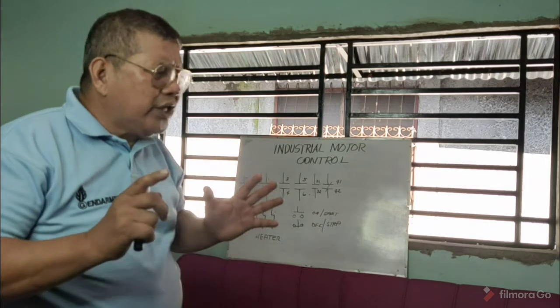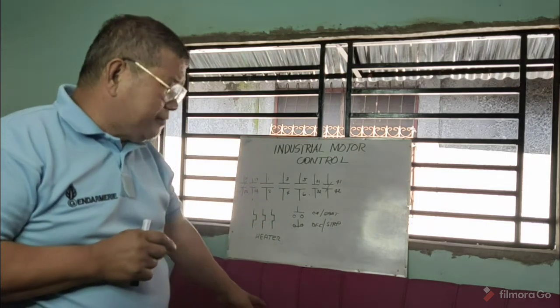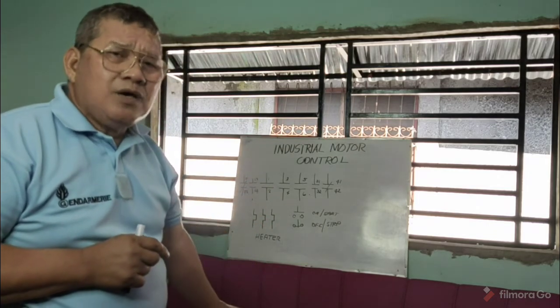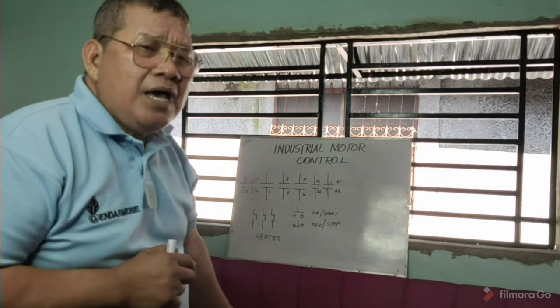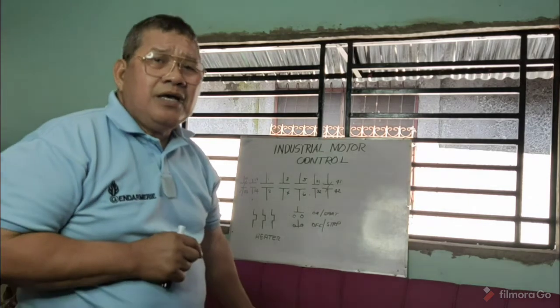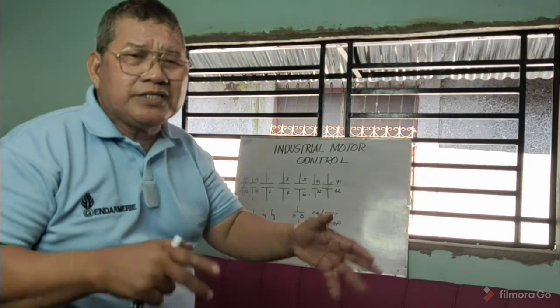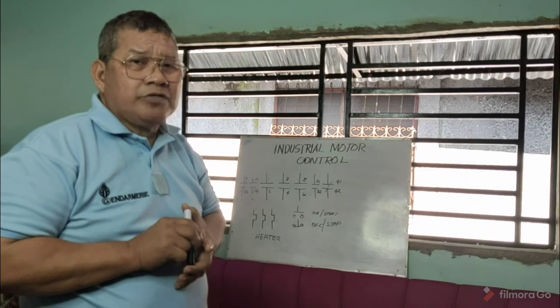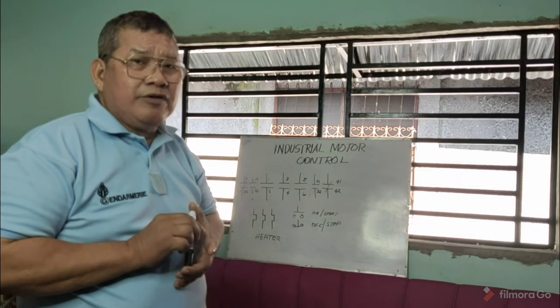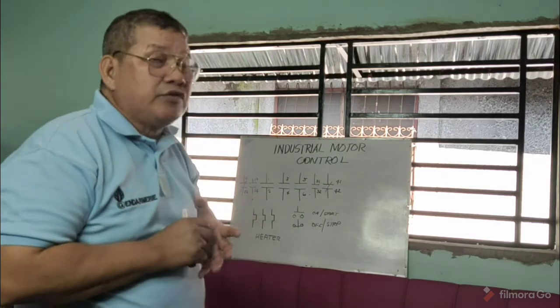You don't need to worry about these materials. We have plenty of magnetic contactors, overload relays, and push buttons. I can give you all these parts, and you can connect them individually. That is an advantage of having these instructional materials.